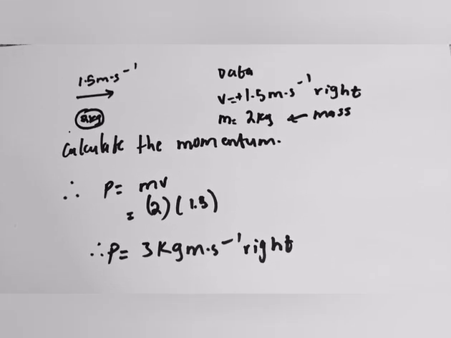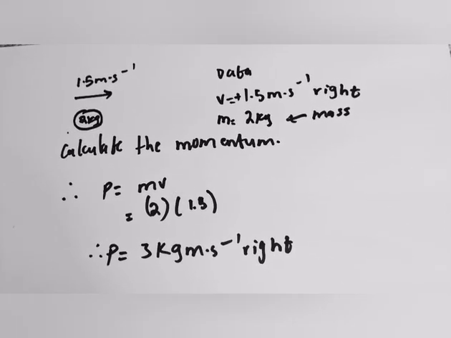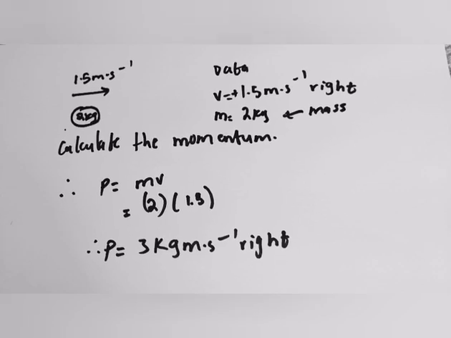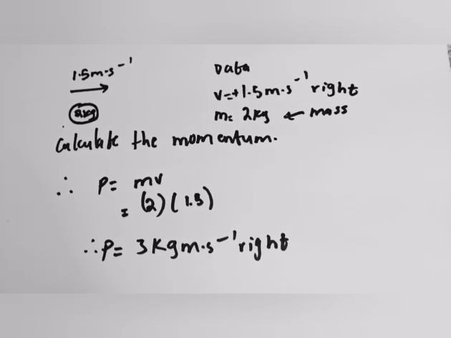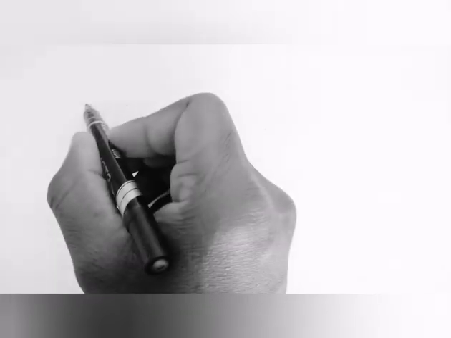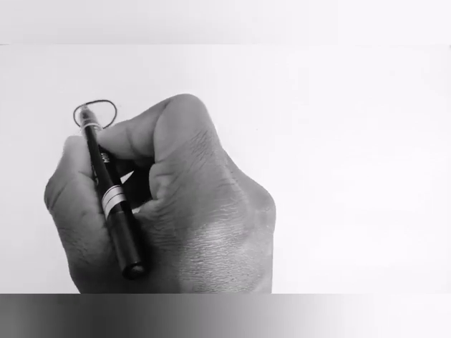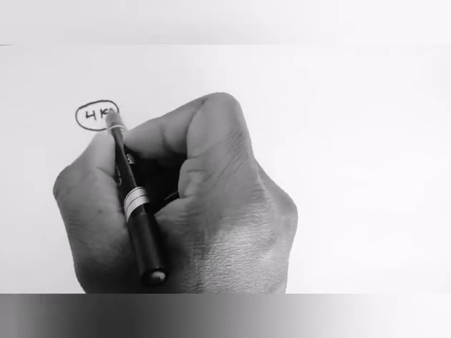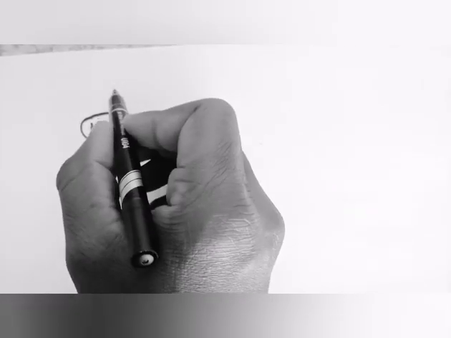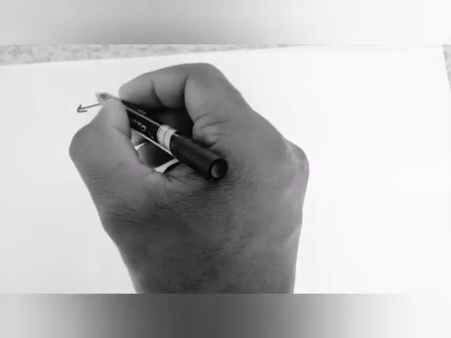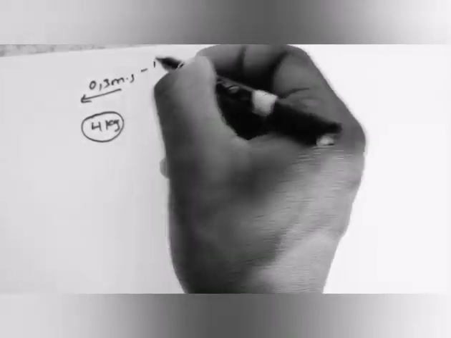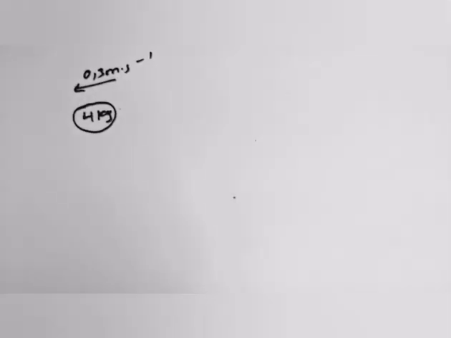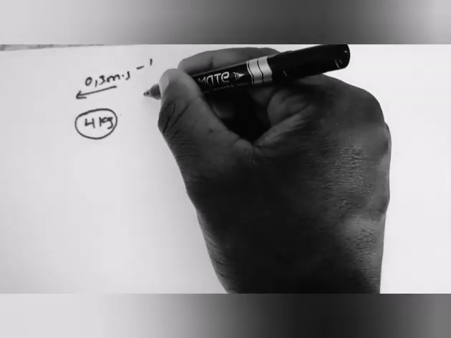So the first thing you must do is collect your data and consider the direction of the velocity. Okay, let us do the second one. We have our object of 4 kg, which is the mass, and the direction of motion, or the velocity, is to the left by 0.3 meters per second.